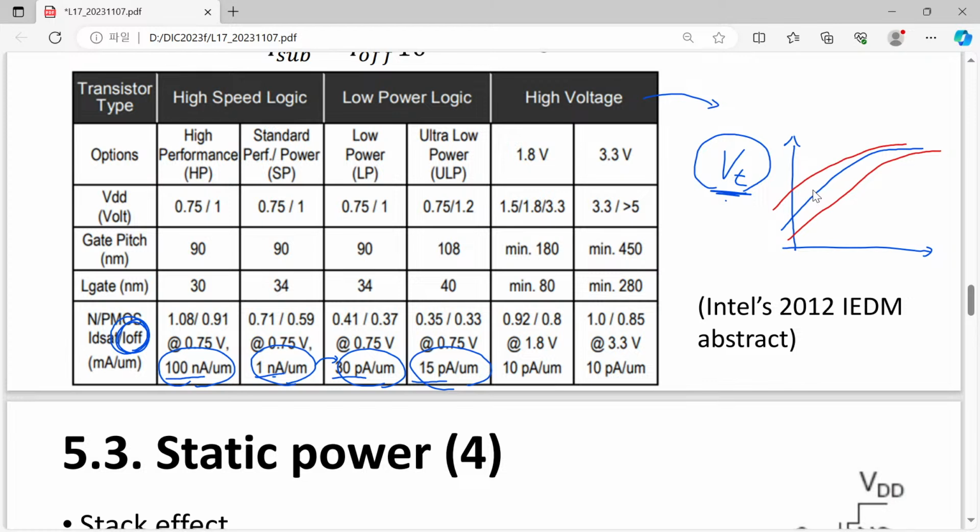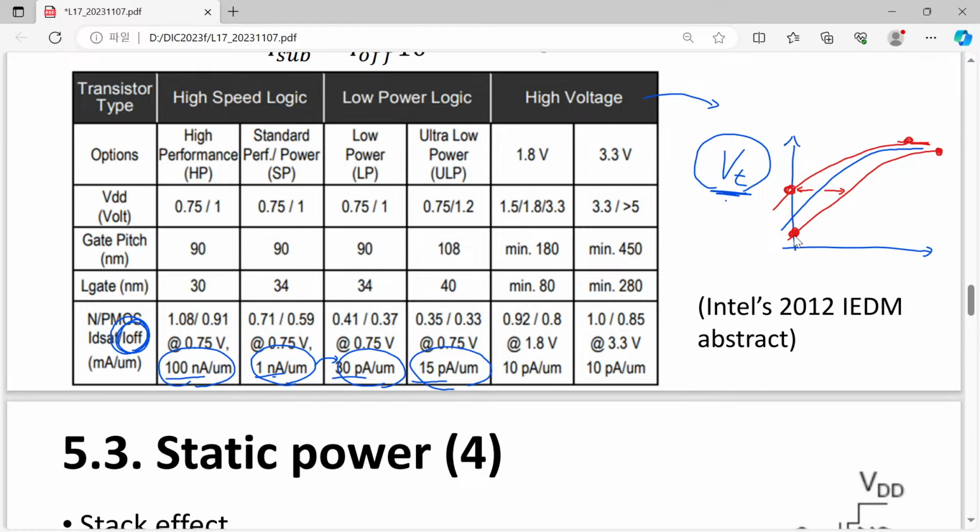By shifting the threshold voltage, we can introduce a drastic change in the off current and a slight increase or decrease in the on current. So are you with me? Now you can provide many different options for this device.